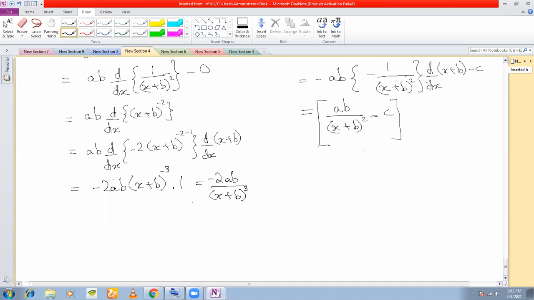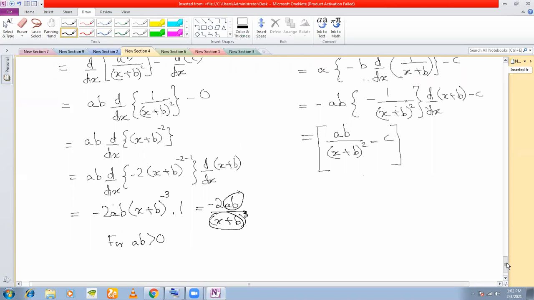Now see, for ab greater than 0, if ab is positive, that is if this part is positive, right? This part is definitely positive because x is the output, and x plus b whole cube will be positive, isn't it?